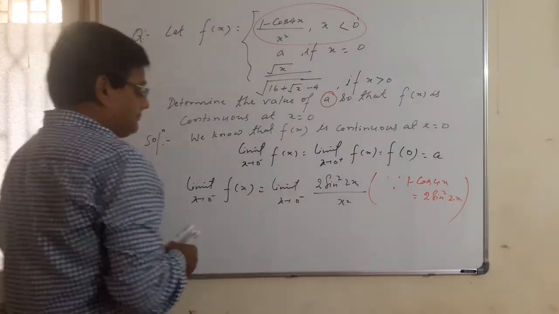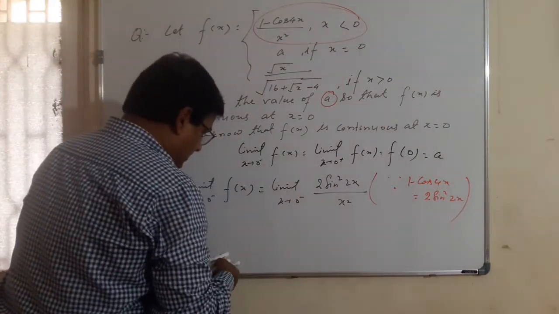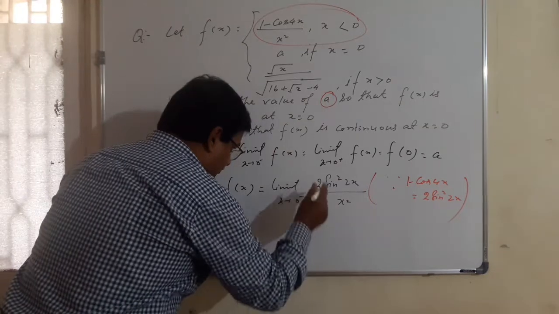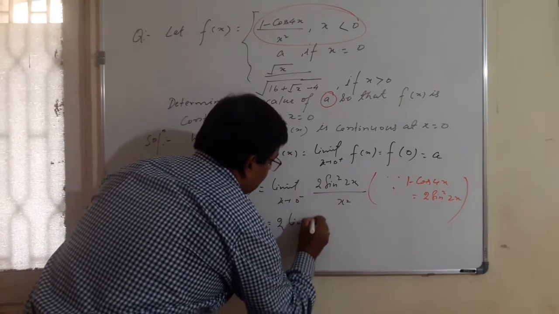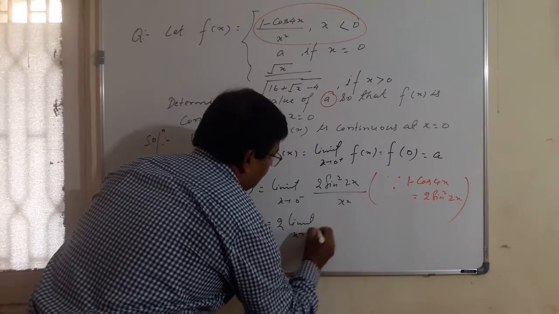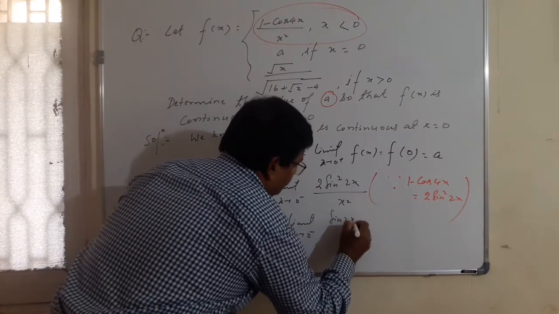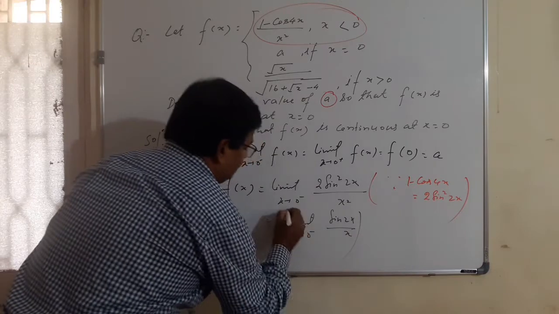Now see here, we can write like this: 2 outside, limit x tends to 0 minus, (sin 2x by x) whole square.